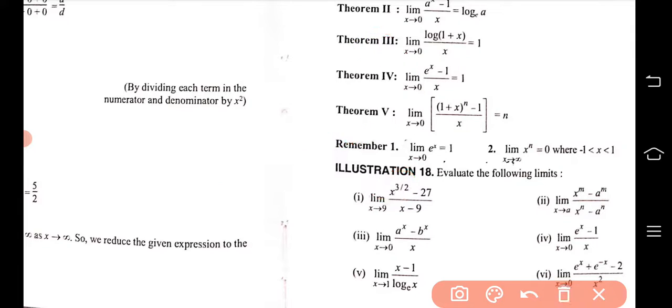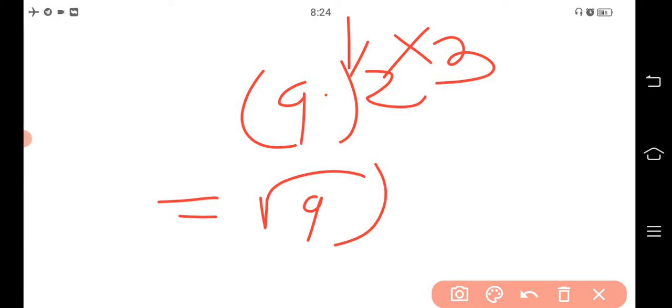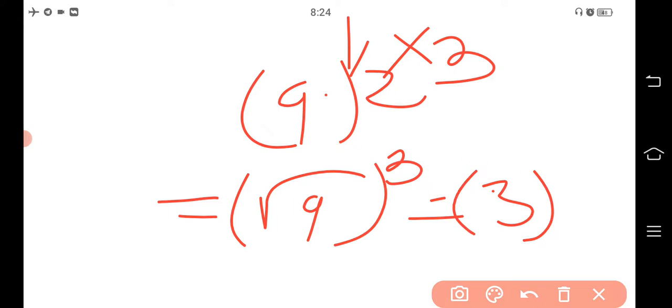So we can say that this 27 can also be written as 9 to the power 3 by 2, because 9 to the power 1 by 2 into 3 is the square root of 9, cubed. The square root of 9 is 3, and 3 to the power 3 is equal to 27.